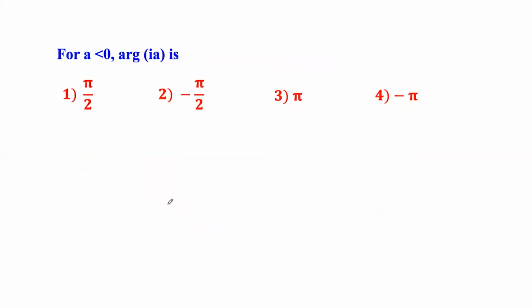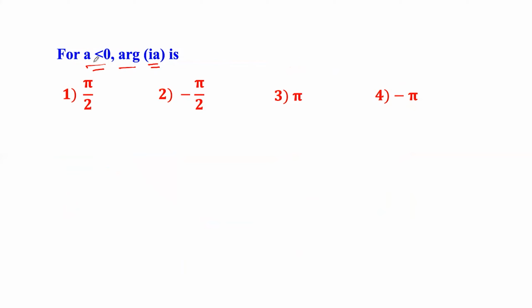Now, if a is a real number less than 0, then we have to find the argument of ia. So a is negative.